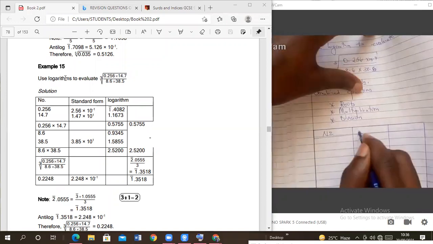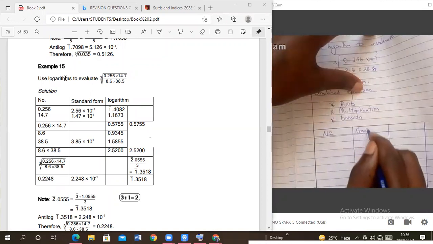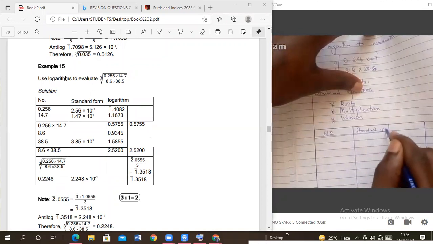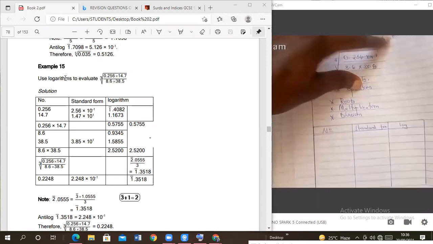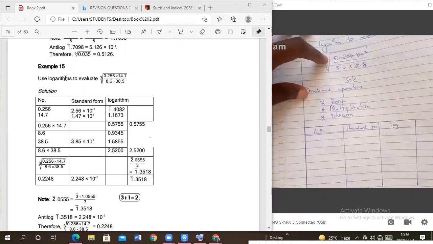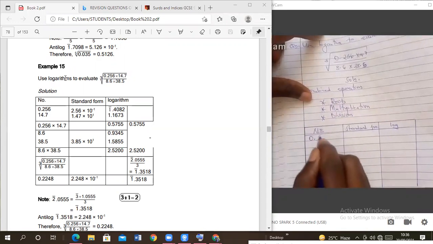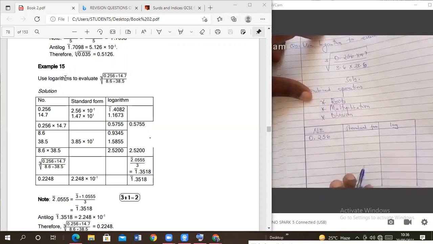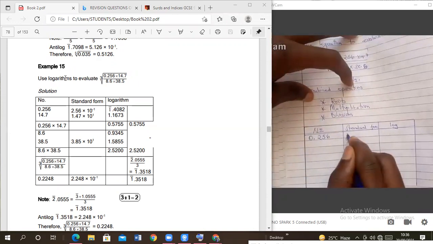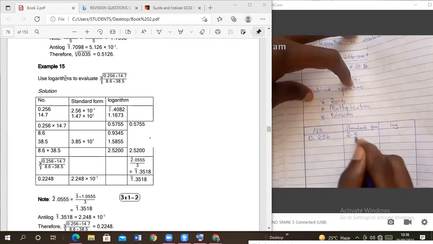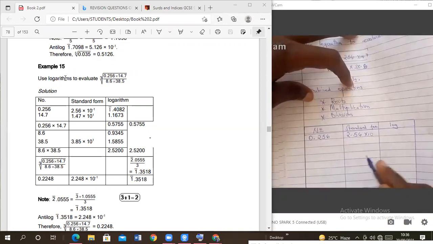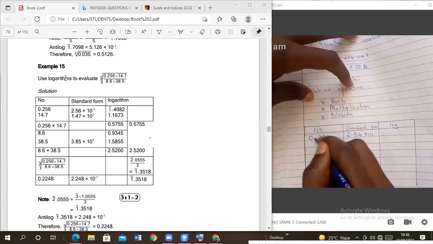We have number, then we have standard form, and then log. What is our first number? Our first number is 0.256. So what is that one in standard form? It becomes 2.56 times 10 to the power negative 1, because we have moved one step.